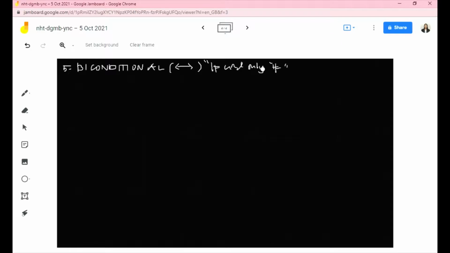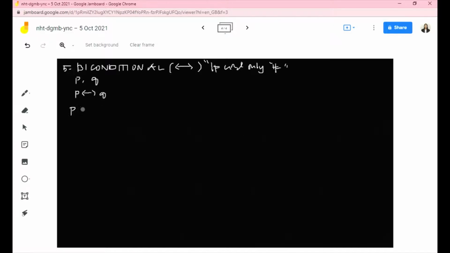Suppose P and Q are statements, then my compound statement using the biconditional would be P if and only if Q. That is how we will read that. So it is two-way. It is true for P implies Q, and it is also true for Q implies P.